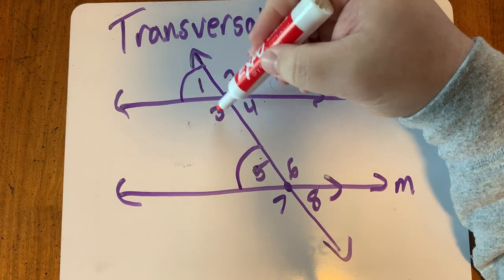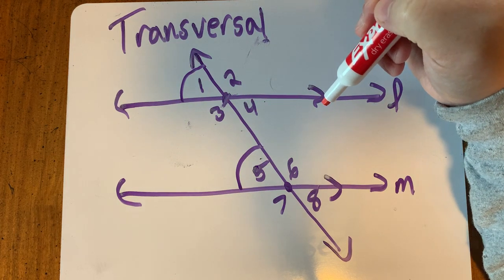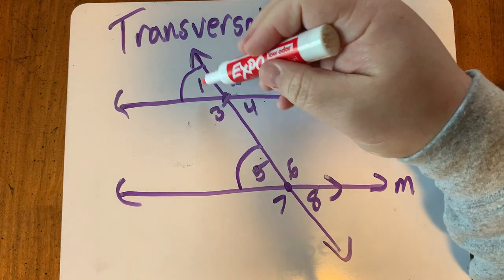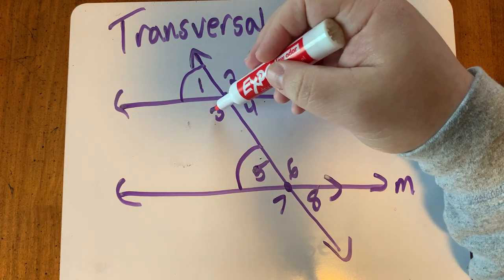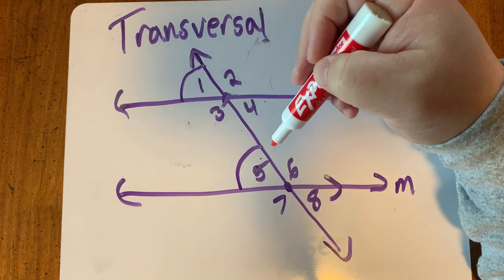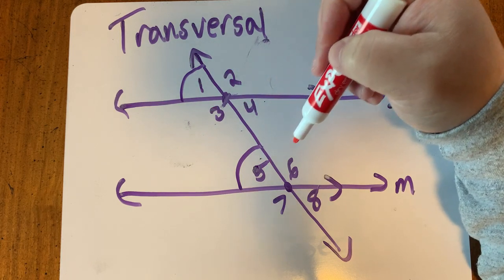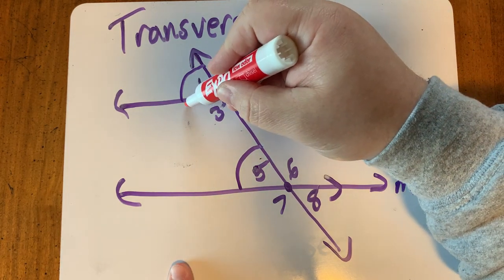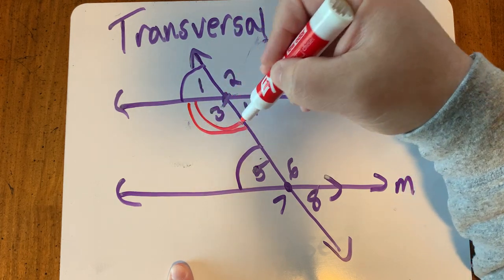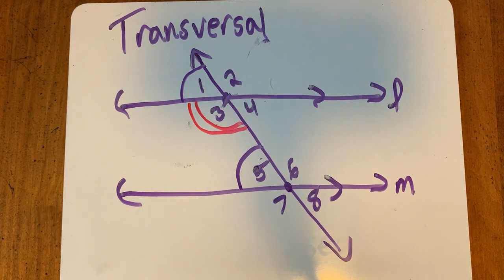But angle 1 and angle 3 have a relationship. They're supplementary. So if angle 1 is supplementary to angle 3, and angle 1 and angle 5 are congruent, it should follow suit that angles 3 and 5 would also be supplementary.